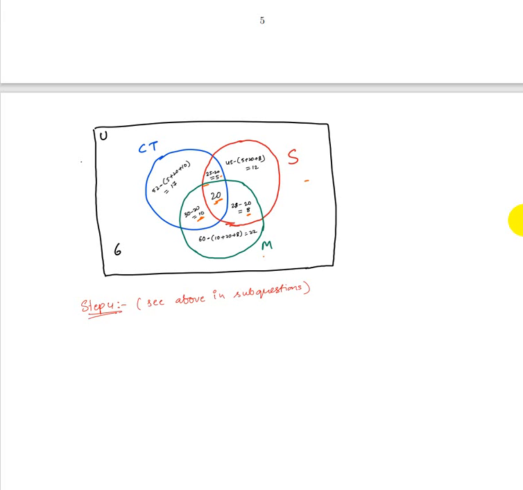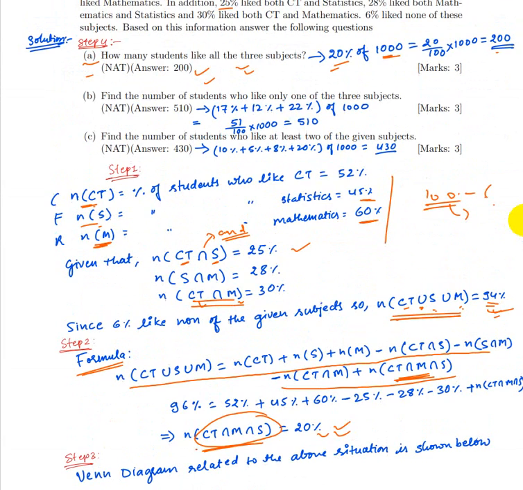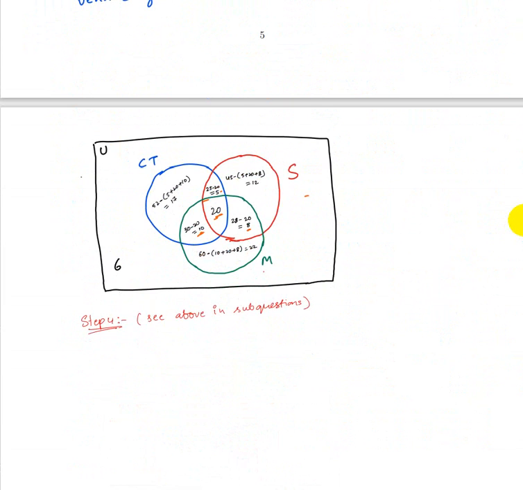Then we'll subtract in order to get the only CT part, only S part and only M part. The number of students who like CT was 52, but this CT set contains this part, this part, this part and this part also. So this whole thing is actually 52%.